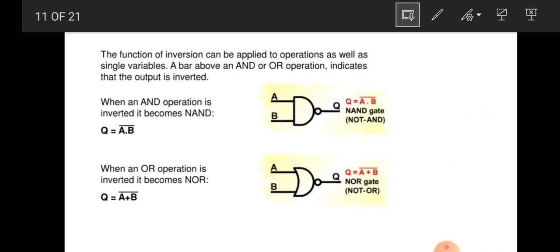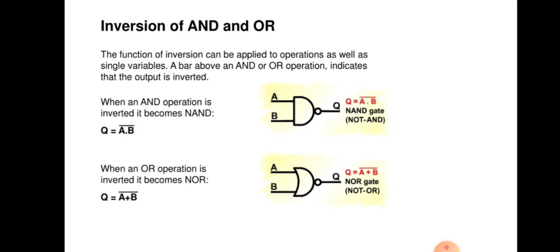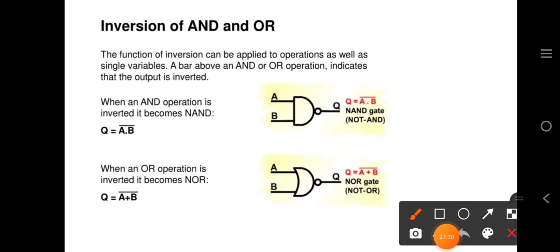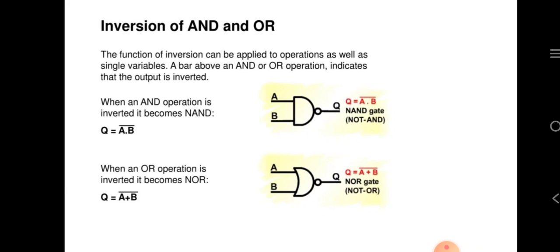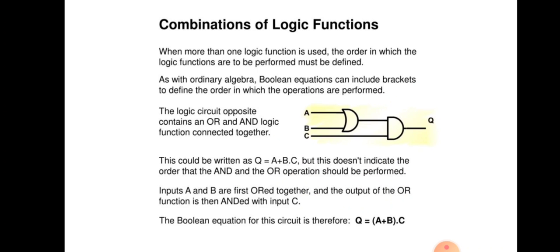Now the NOR gate. When an OR operation is inverted, it becomes a NOR gate. Now how to invert it? This is the 2 input OR gate, and we have applied the bubble here, so it will be a NOR gate. Now the combination of logic gates.